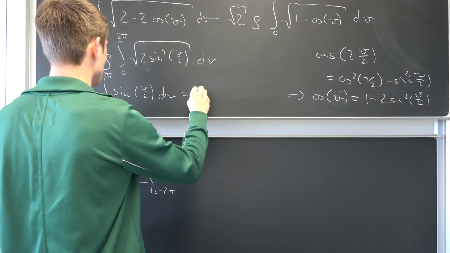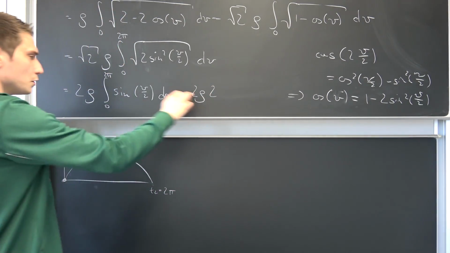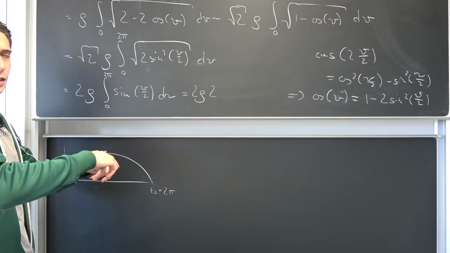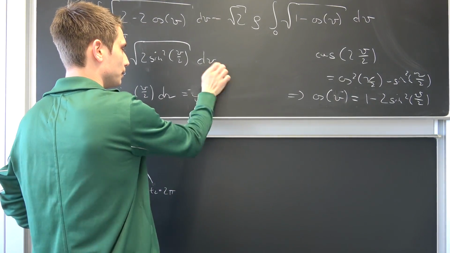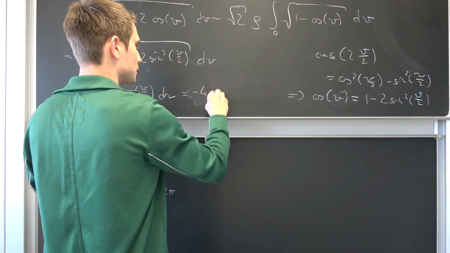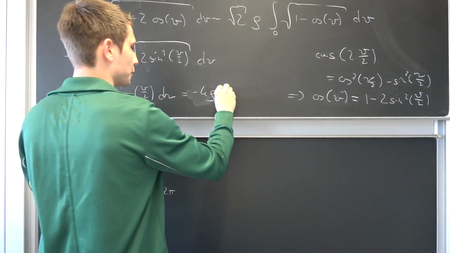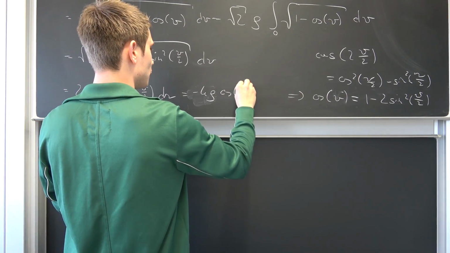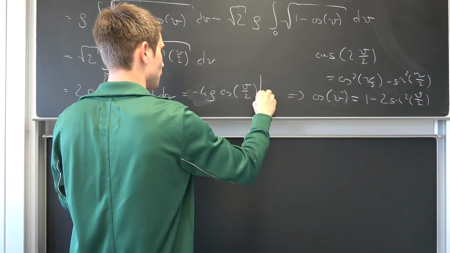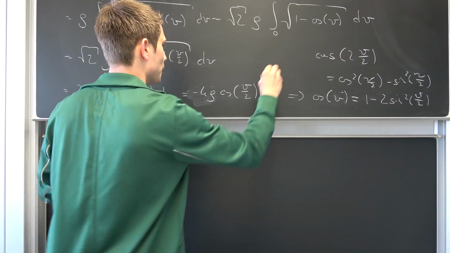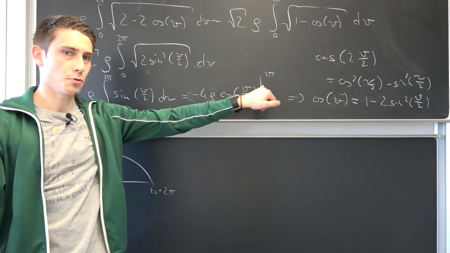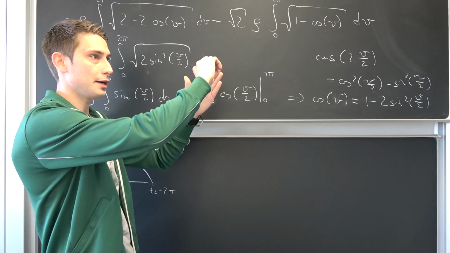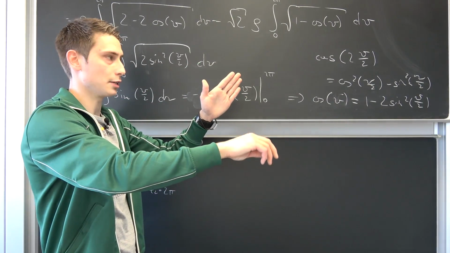So we have 2 times rho times 2 from this right here. Sine integrated is negative cosine. So we have negative 4 times rho, and then we have the cosine of theta over 2 from 0 to 2 pi. Cosine of 2 pi over 2 is the cosine of pi, giving us negative 1.